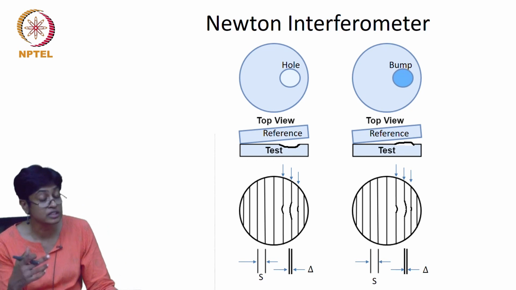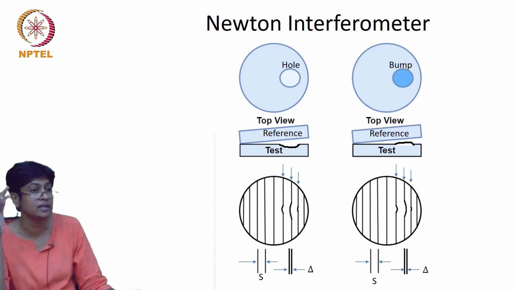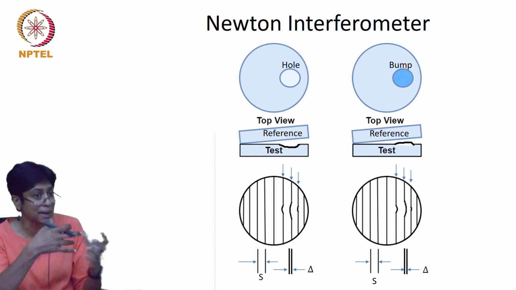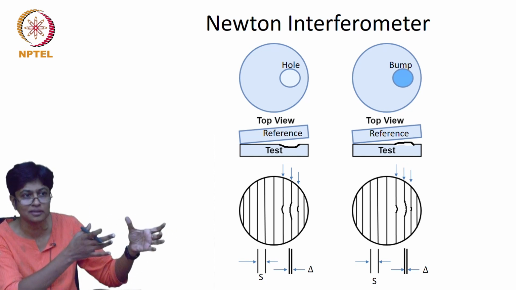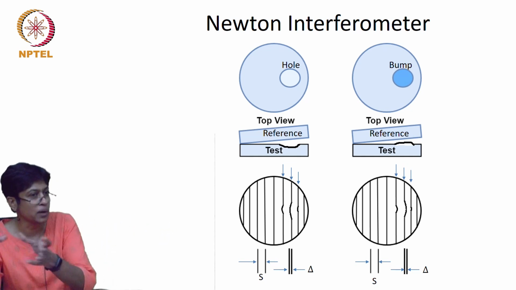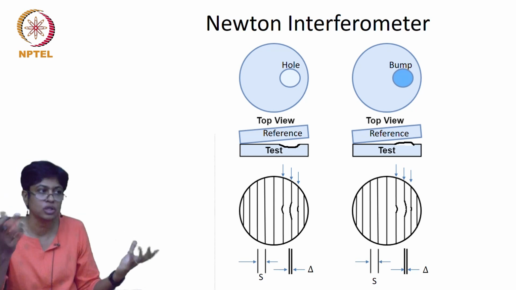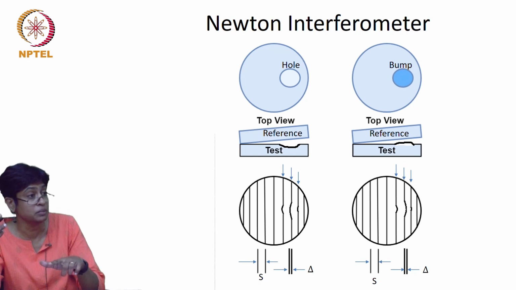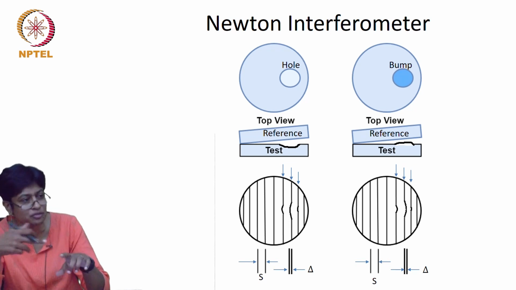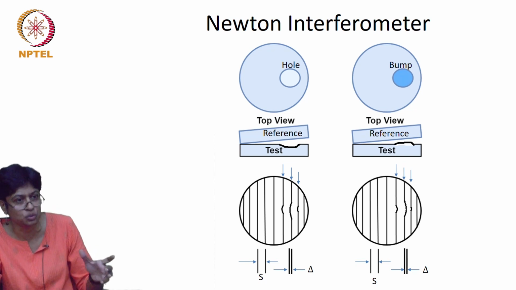It's a tool that was used a lot earlier when a lot of the grinding was done manually. People would do the grinding, put it there, look at the patterns, and then go back and know where to grind it. Now, of course, a lot is automated. But you would still use such interferometers and then be analyzing the fringe pattern and telling the machine what to do or where to do what.